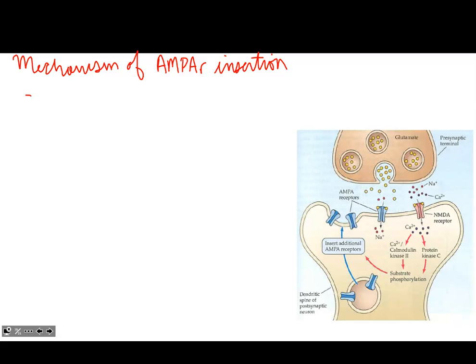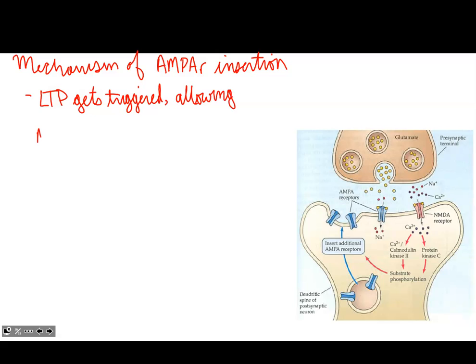So the first thing that has to happen is LTP gets triggered, right? So we induce LTP. And what that does, right, we've talked about, is allow NMDA receptors to sort of come on board.